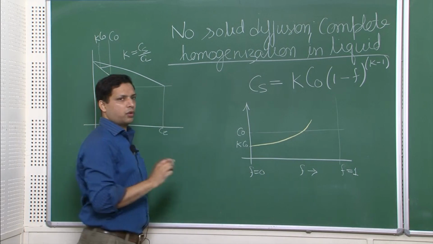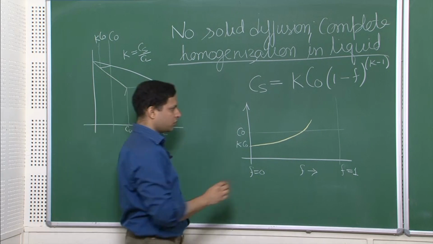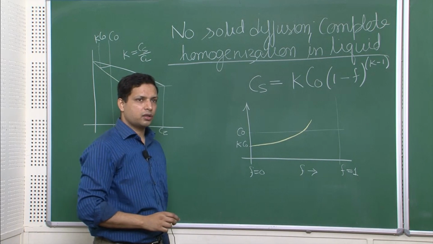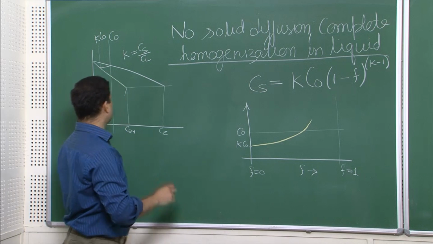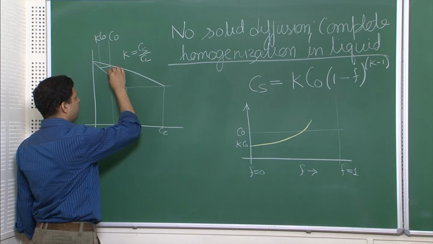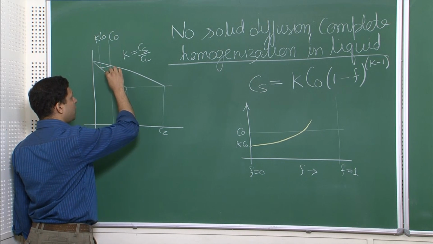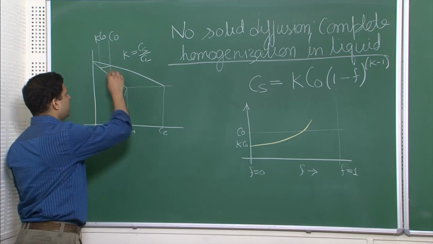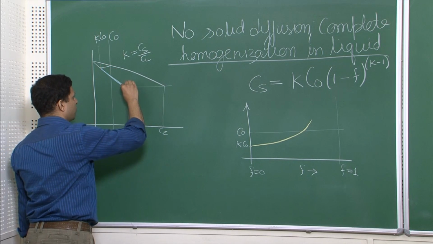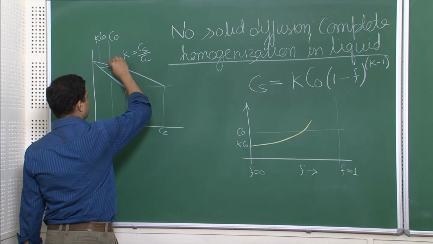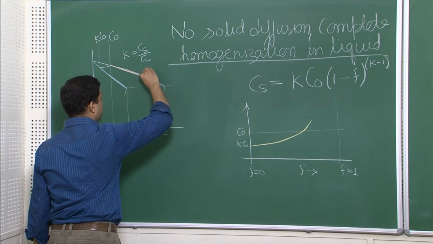But now the question is, how long will this increase? Can it keep increasing all the way up to the point that it reaches f equal to 1? In that case you will have to see what is actually happening over here. If this is the concentration of the solid, this solid is following a path like this, which means the liquid is following a path like this.